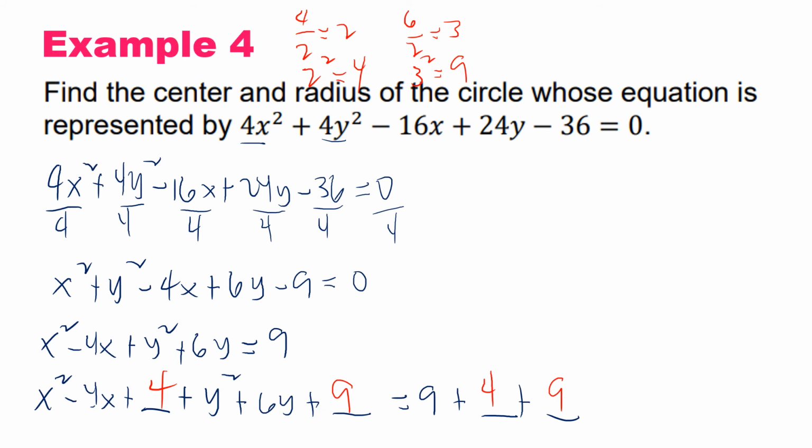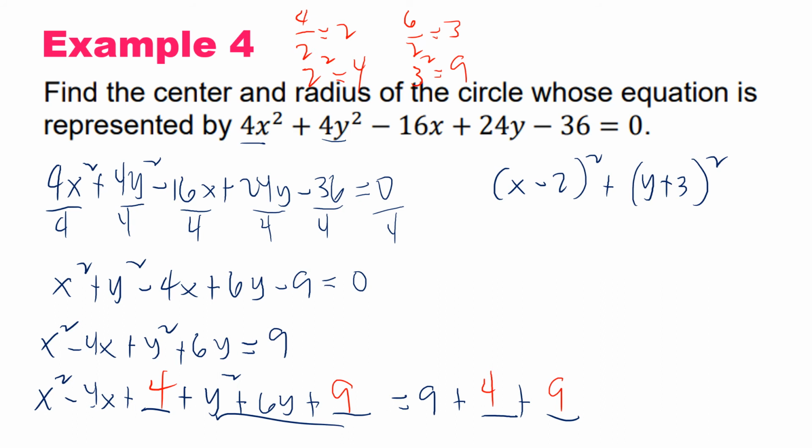ipa-factor natin. This will be x minus 2 squared plus, ito naman can be, ito yun, y plus 3 squared. Bakit ganun siya? Square root ng x squared is x. Square root ng 4 is 2. And then since negative yan, so negative din dito.